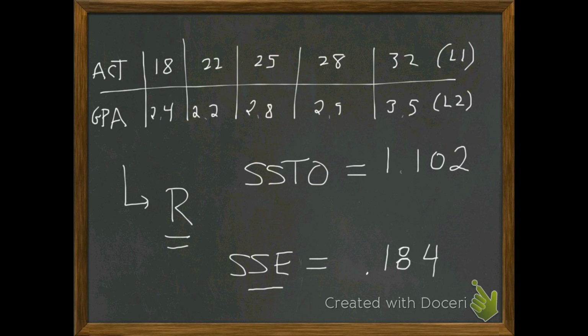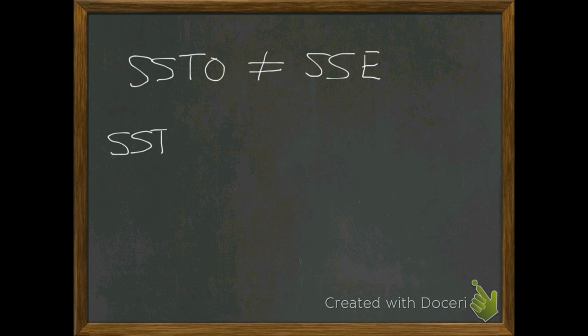Now something I want you to notice here is that the sum of squares for the total is not equal to the sum of squares for the error. But it turns out that we can make these equal by adding something.